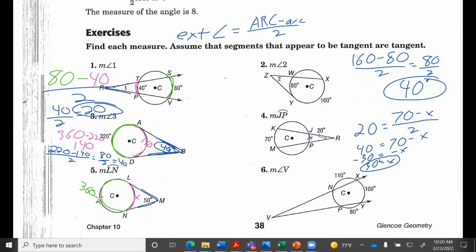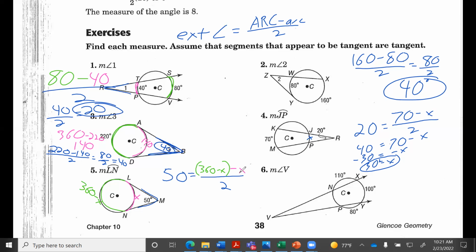Now write our equation. We have the exterior angle, so we have the 50 degrees equal to the big arc, and put parentheses around it. I know most of you are using pencil, so I'm going to put parentheses on that part for right now. Minus the little arc.